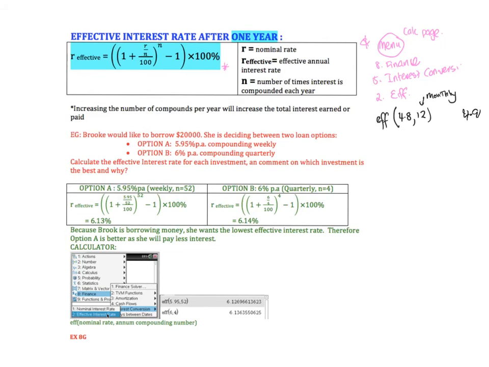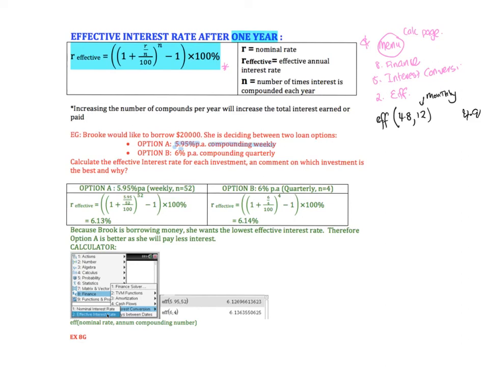Okay, here's an example of a question, because sometimes it's hard to compare which is better, so we use the effective interest rate to know which one's better. Brooke would like to borrow $20,000, and she's deciding between 2 loans. The first loan is 5.95 per annum, compounding weekly.